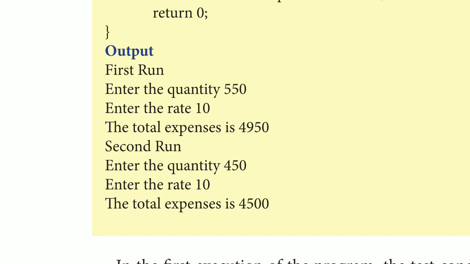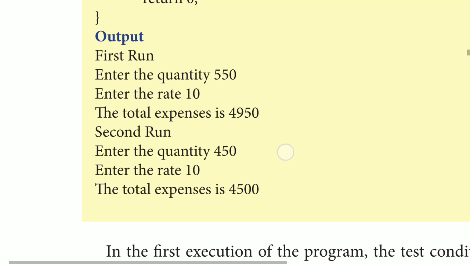Here you can see that it is given a 10% discount, so 55 rupees is deducted here. Next you can see 450, which is less than 500, so the 10% discount is not applied here, and you can see that 4500 is the same.